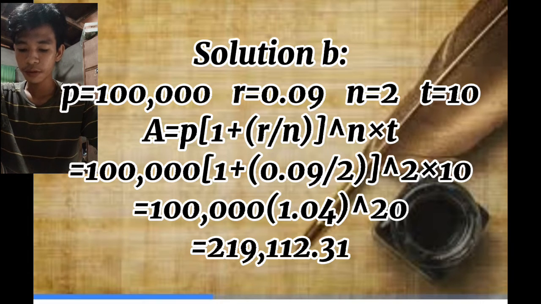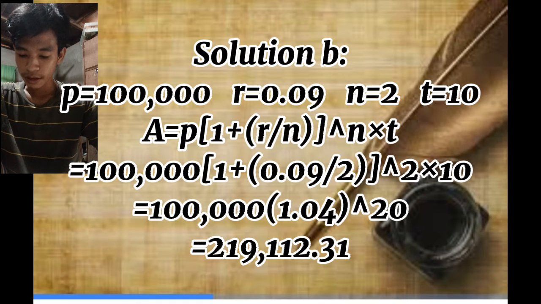So, what we will do, guys, is copy 100,000 below. Then 0.09 divided by 2, we have 0.045, plus 1. Then 2 times 10.